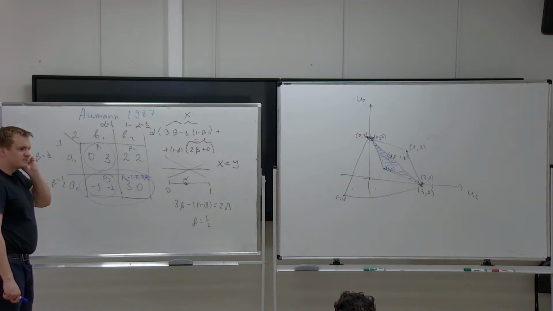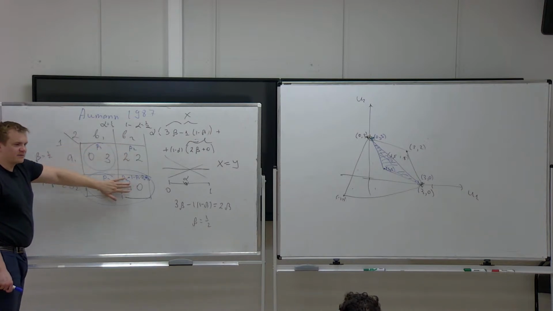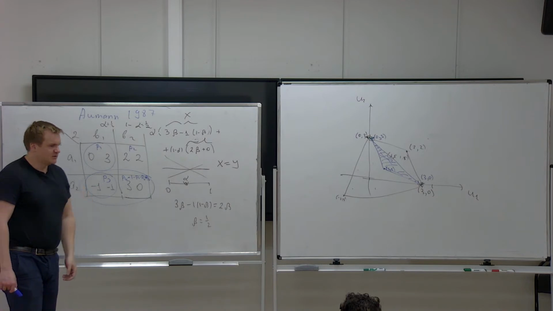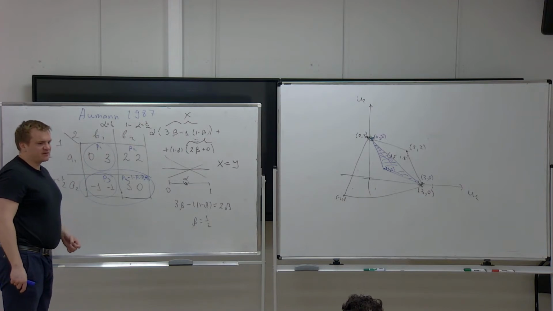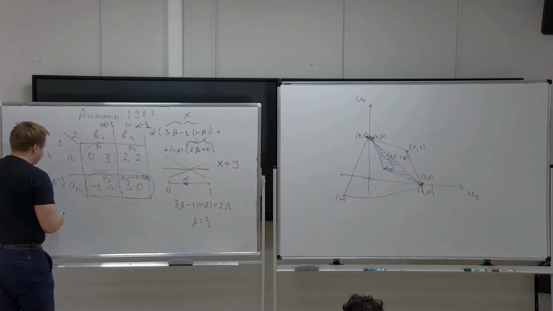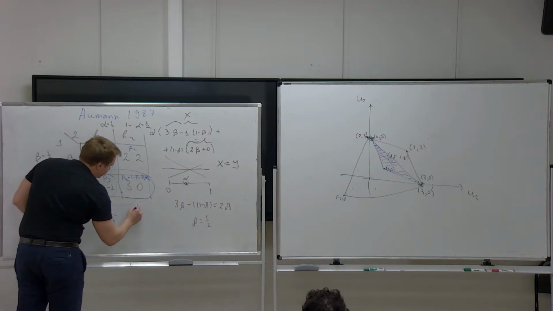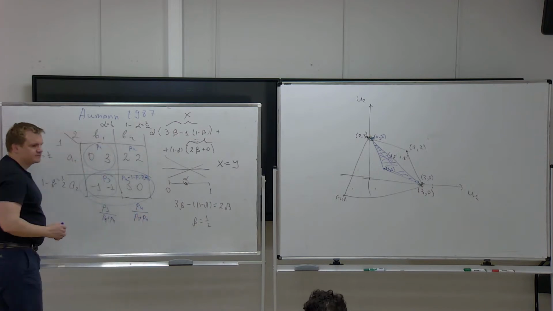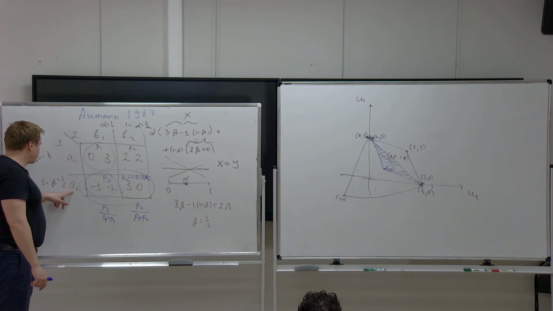You should update your probabilities. This is not that part of the table; this is what's left. You still don't know whether the opponent will play B1 or B2, but you can form a conditional probability assessment: he will play B1 with probability P3 divided by P3 plus P4, and B2 with probability P4 divided by P3 plus P4. This would be the belief of player 1 if he receives message A2.